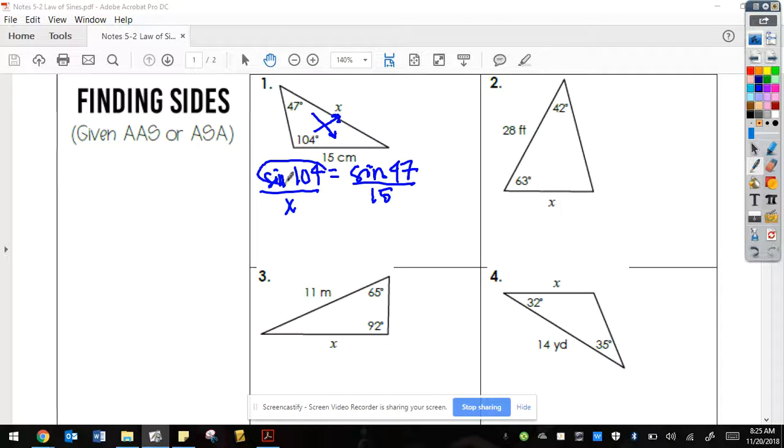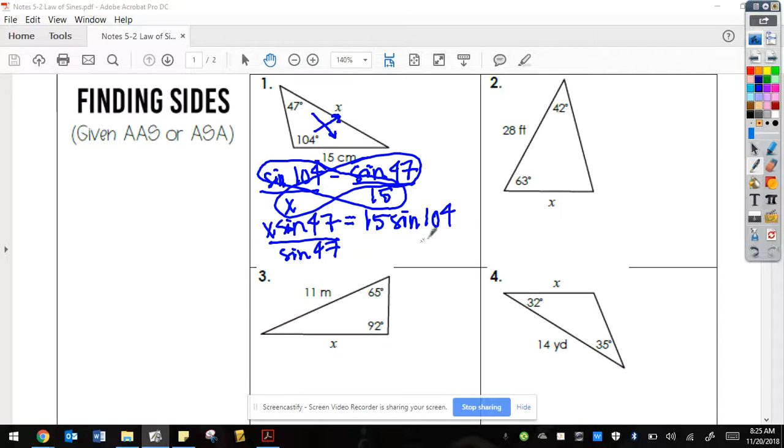If you don't remember, we cross multiply when we have proportions like this. So we end up having x times sine of 47 equals 15 times sine of 104. And then all we need to do is divide by sine of 47, and we end up getting that x is 19.9 centimeters.